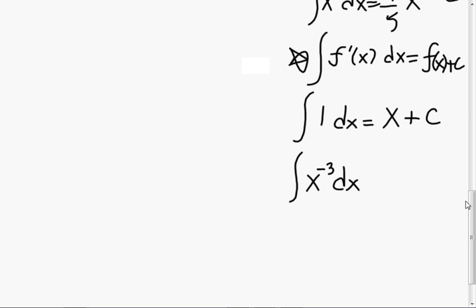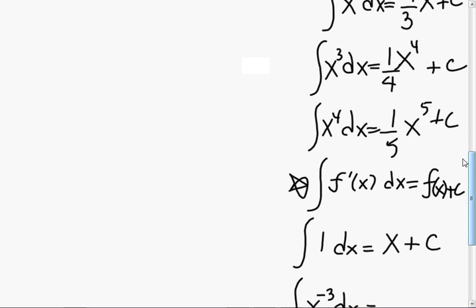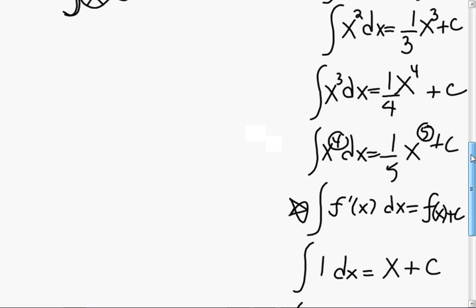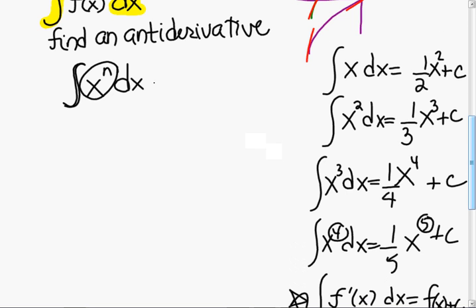Okay, Samuel? What's this going to be? Well, let's get the rule. What's happening to my exponents? Then we'll come back and do the negative. So what's the antiderivative of x to the n? It's x to the n plus 1 divided by n plus 1 plus c.